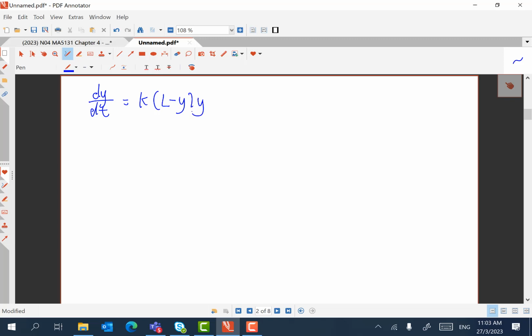What's the name of this DE? It's called the logistic model. And we are going to solve this DE. Obviously, you will see that this DE is actually a variable separable DE.